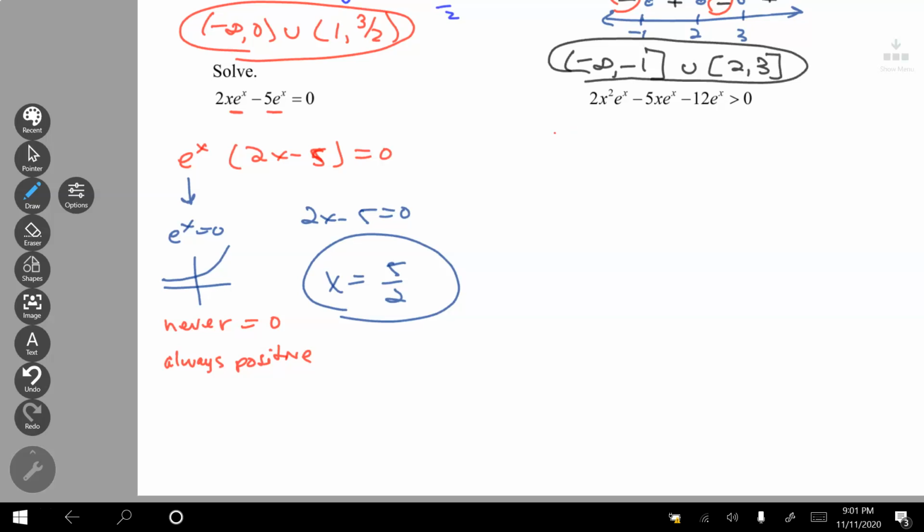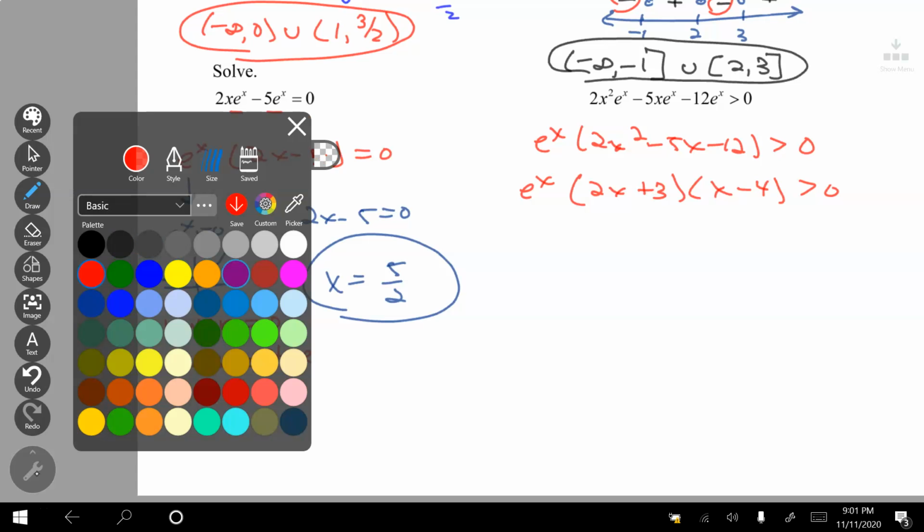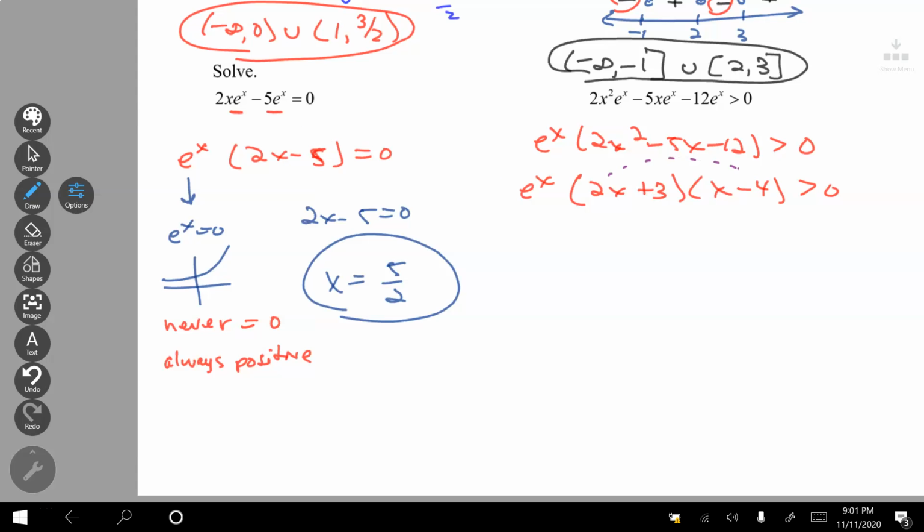So I'm going to do the same thing over here and take out an e to the x. E to the x, I have 2x squared minus 5x minus 12, and I'm doing my inequality. So e to the x, and I get 2x, I get x, I need, let's see, a negative 4 and a positive 3, and I think I do get my negative 8, positive 3, and I get my negative 5.